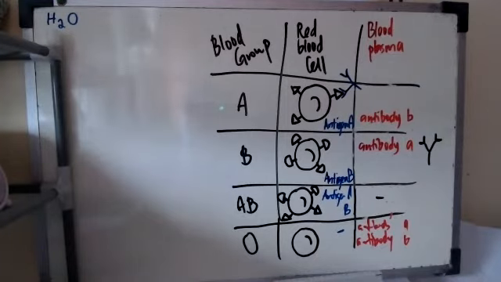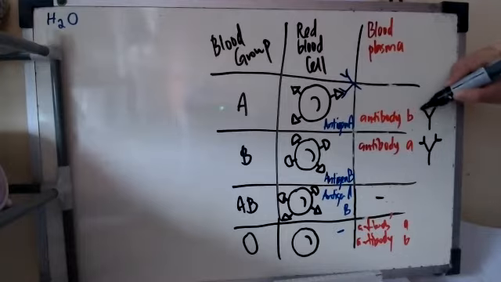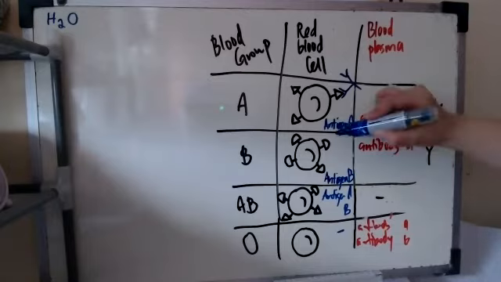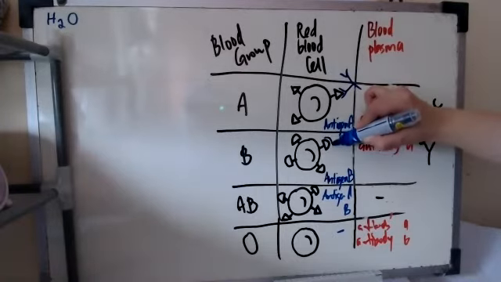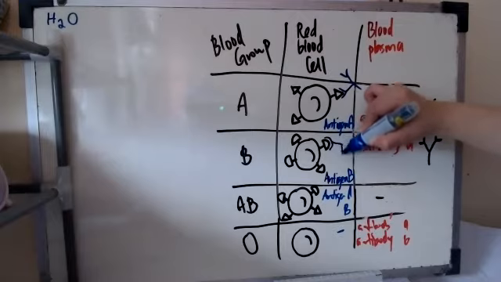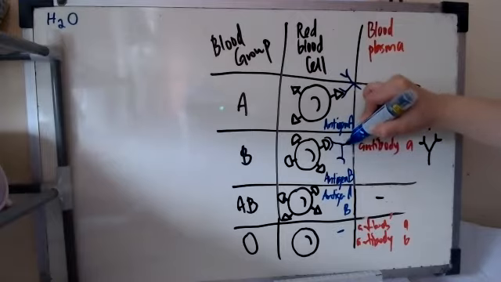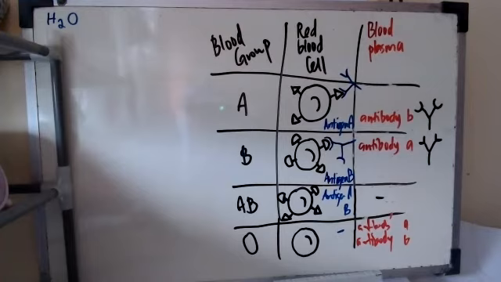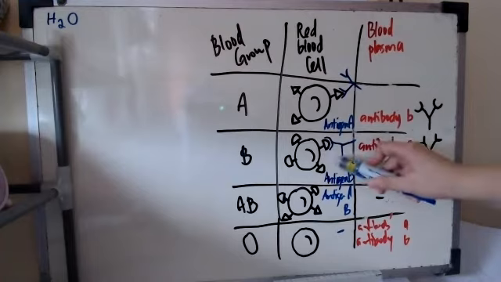Antibody B, on the other hand, antibody normally has a Y shape, it will have semicircle. This semicircle would be able to bind to this. So what's the problem of binding?